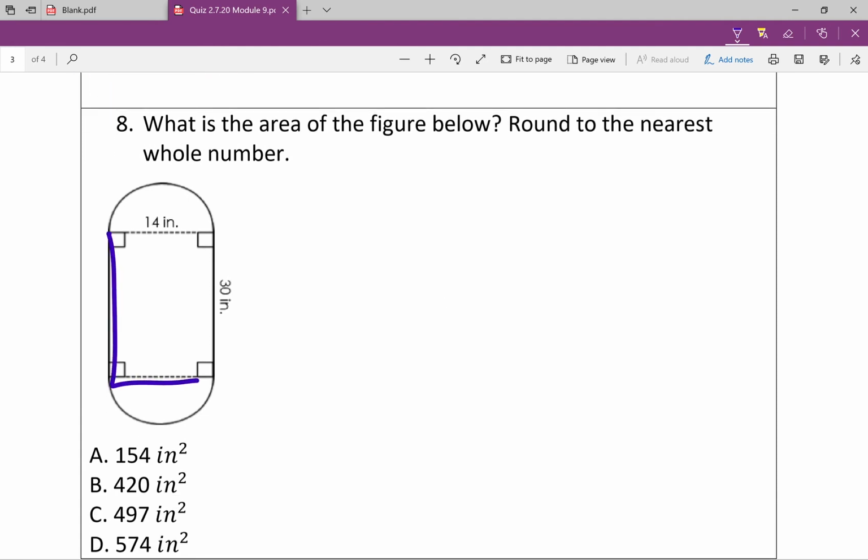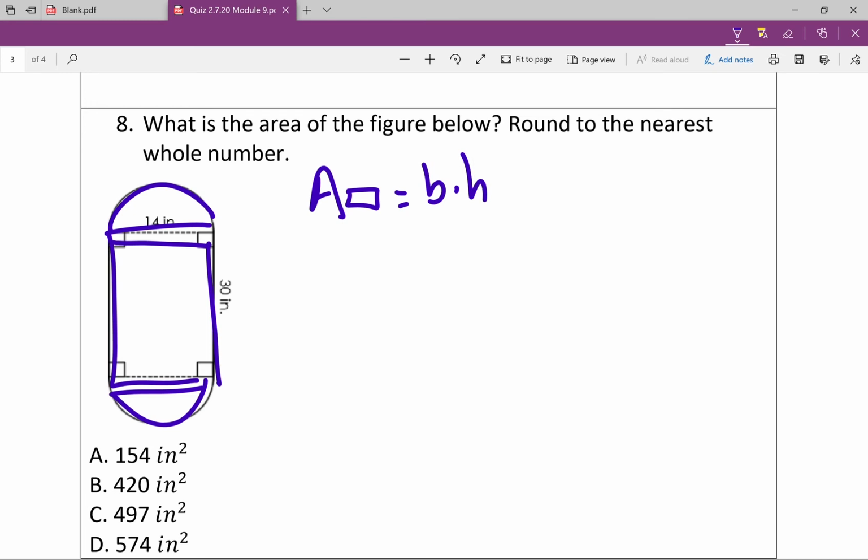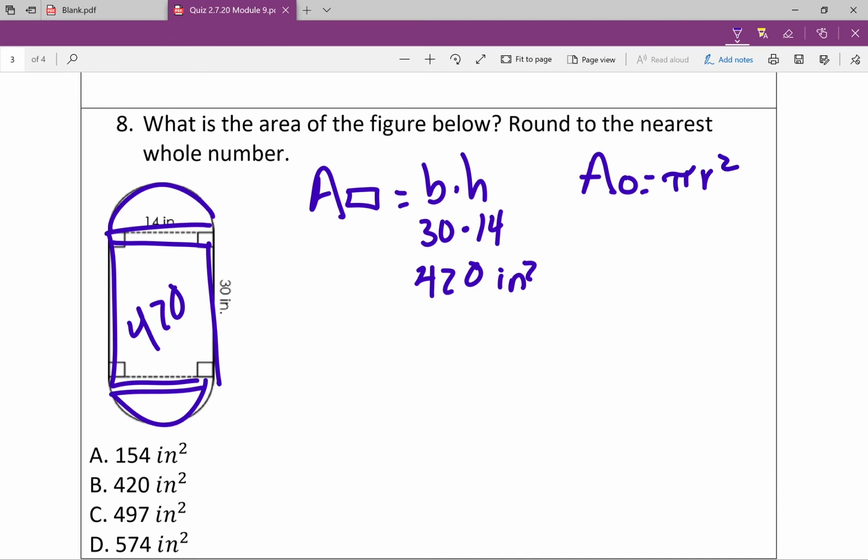Number 8, we got to find the area of the composite figure below. I'm given a rectangle and two semicircles. Two semicircles make a whole circle. So I got to find the area for the rectangle, which is just base times height, 30 by 14, which is 420. This is inches squared. Now the area for the circle is pi r squared, or pi times radius times radius. On the circle, I'm given 14, which is the diameter, but I need the radius, and the radius is just half of that.